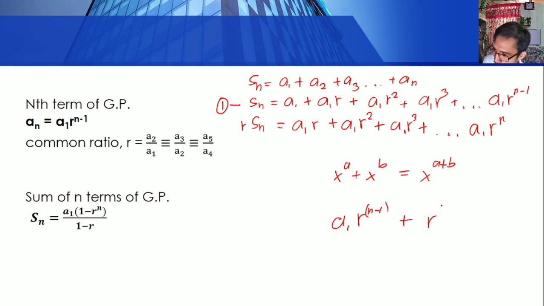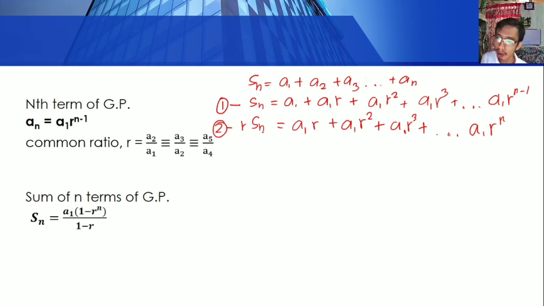So, meron siyang raised to 1 dito. So, kapag pag-aadin natin yan, n minus 1 plus 1, so magkakancel lang yung 1. So, ang matitira na lang is a sub 1 times r raised to n. This will be our equation 2.